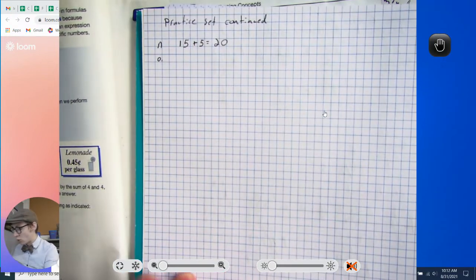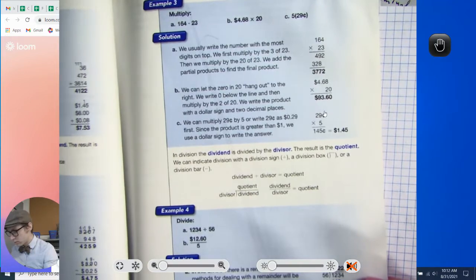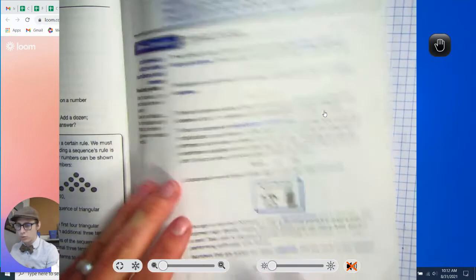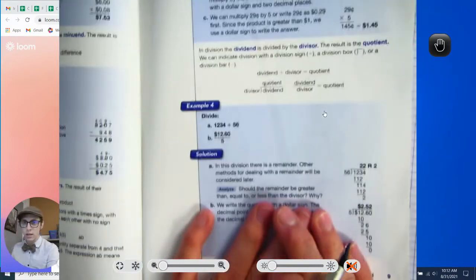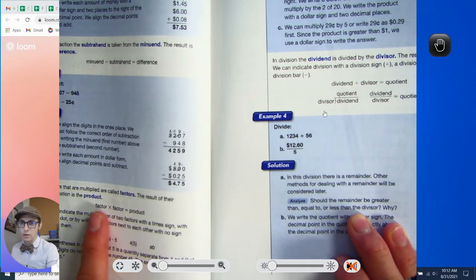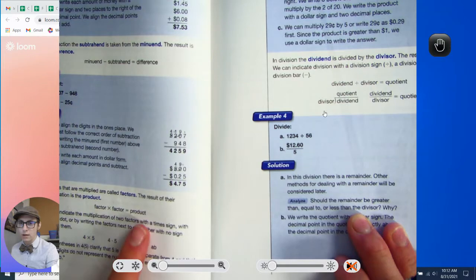Where 15 is the product. Okay, well, let's jump back here to see where it tells us the product is. Okay. Sum is the answer to two numbers being added together. A product is the answer when you have two factors multiplying together, two numbers that multiply together, it gives us the product.